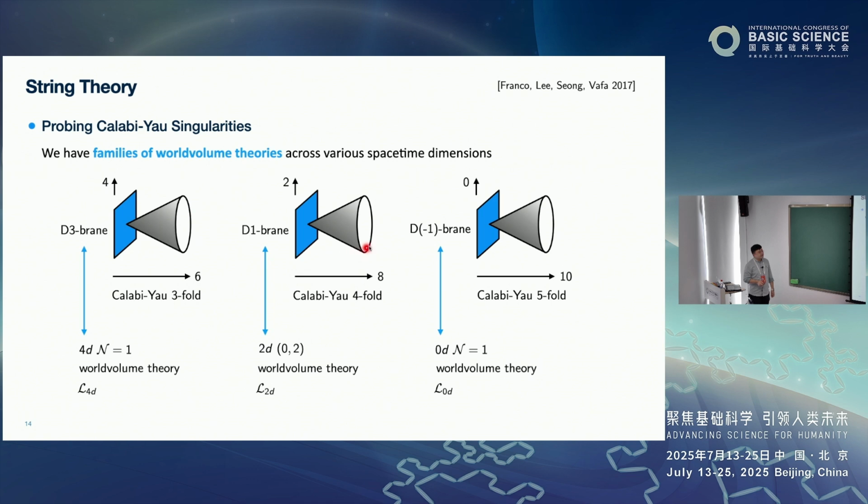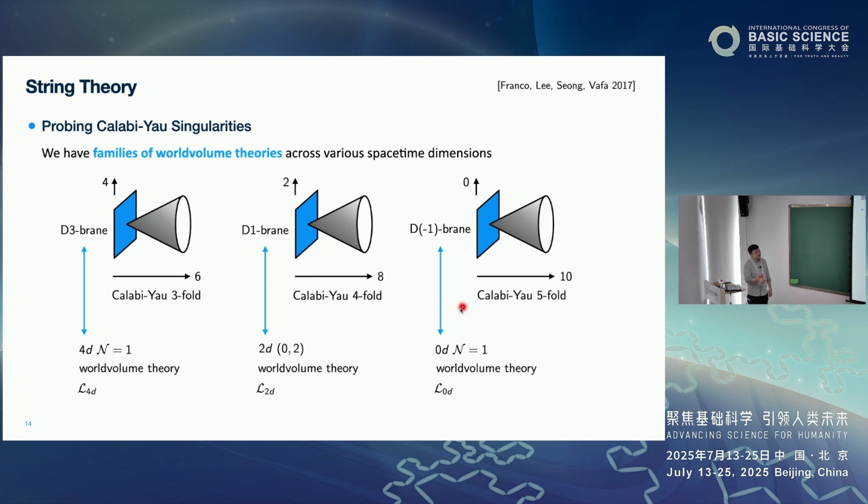I can also have a toric Calabi-Yau fourfold. Then the transverse directions can be occupied by a D1 brane. The dynamics of that D1 brane probing this Calabi-Yau fourfold is described by a 2D (0,2) supersymmetric gauge theory that I will tell you a little bit more about later in this lecture.